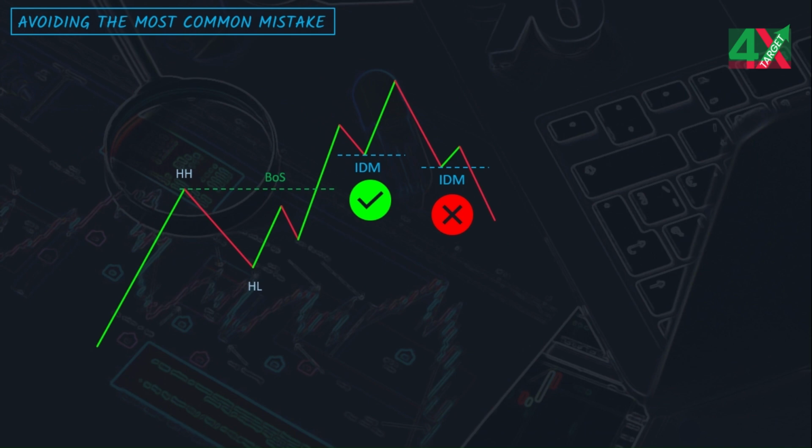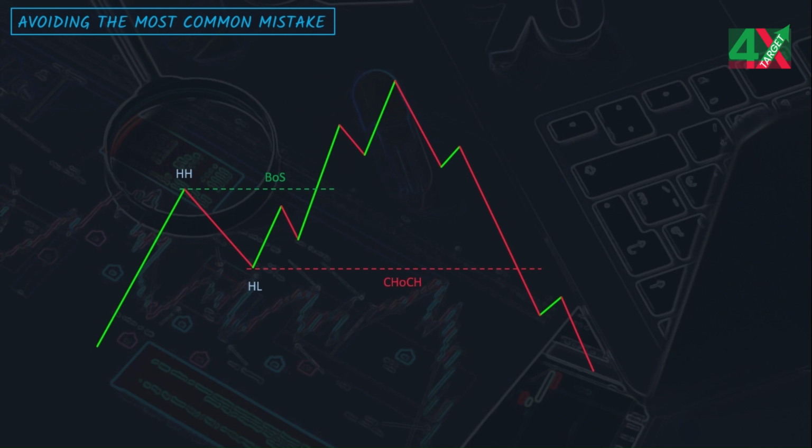The only exception to this rule is when the market forms a valid change of character, also known as a CHoCH. This happens when a corrective move transforms into the first impulsive leg of a new counter-trend. For example, if price breaks and closes below a previous higher low, this confirms a change of character. In this situation, the corrective move has now become the new impulsive leg of the reversal.